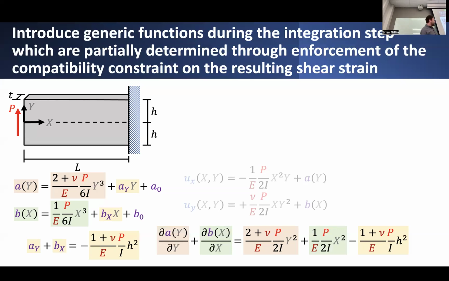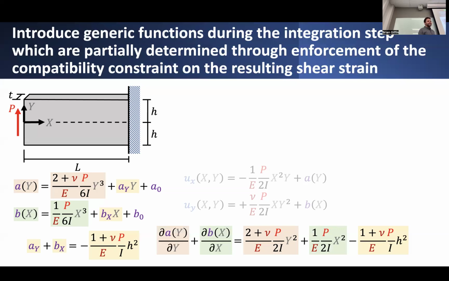Now, really, the question is, we still have these four remaining constants of integration, and we only have really one equation that imposes any constraints on what the values of these unknown constants should be. So we have one equation, four unknowns.